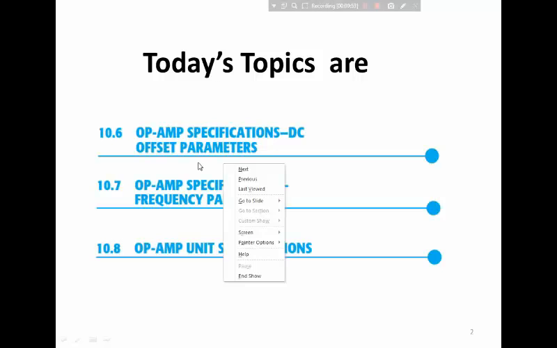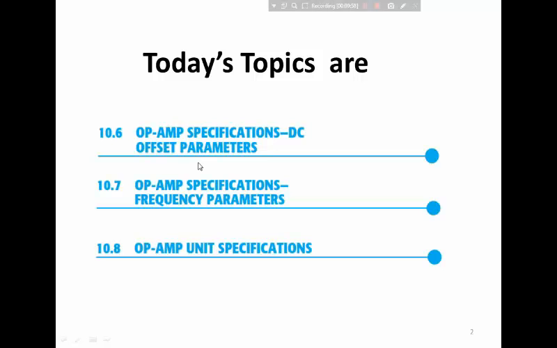We have started the op-amp considering it as an ideal. The ideal gain of the op-amp is infinite, input impedance is infinite, and output impedance is 0. And some other important parameters we have so far idealized, and we didn't see any impact of those practical imperfections in an op-amp.